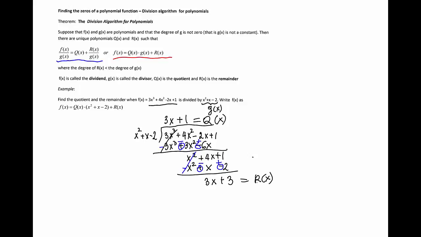And therefore, we can write our function f of x, which is 3x cubed plus 4x squared minus 2x plus 1, as q of x, which is 3x plus 1, times g of x, which is x squared plus x minus 2, plus the remainder, which is 3x plus 3.